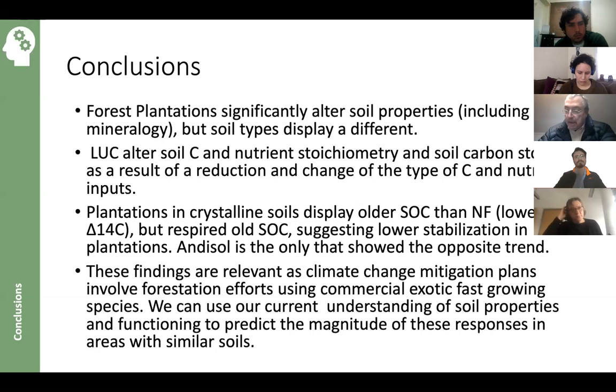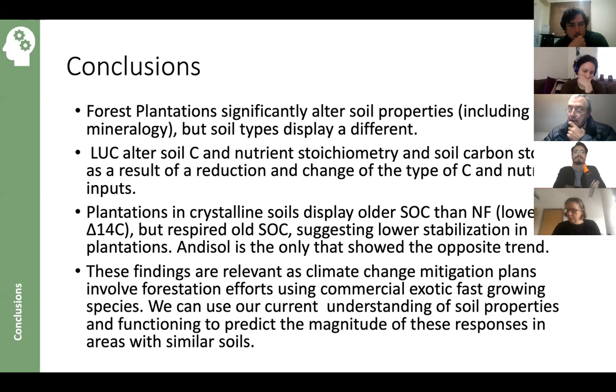The plantations in crystalline soils display an older soil organic carbon than native forests, but they respire old soil organic carbon too, suggesting that there is a lower stabilization in plantations. Something is happening, either because the process of stabilization changed or simply because of the input change, that makes these sites display an older signature in the plantations.